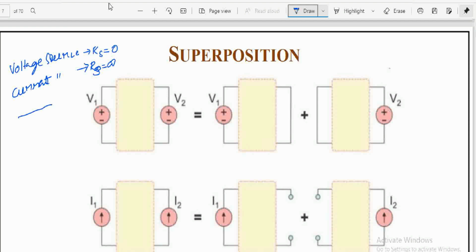Rs equal to 0 is nothing but a simple line. Rs equal to infinity is indicated with an open line. This is the short circuit line and this is the open circuit line.